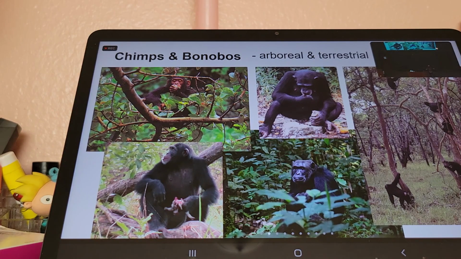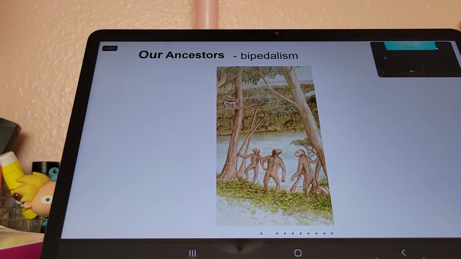They can outsmart a monkey. So they also survive. They're arboreal, they're terrestrial, you name it, they do it. And that allows them to survive as well. Our ancestors evolved a different locomotor behavior, bipedalism.